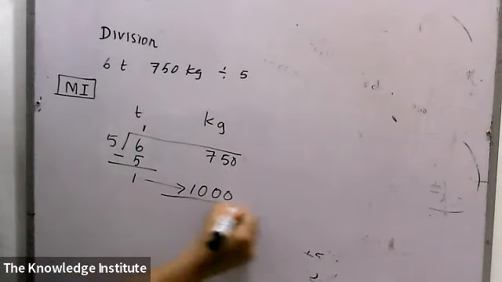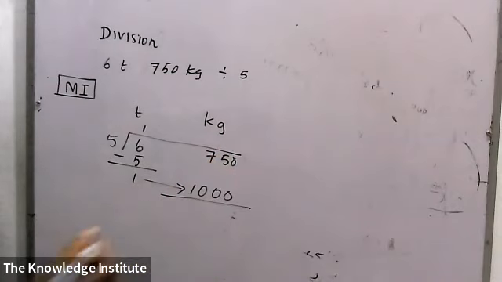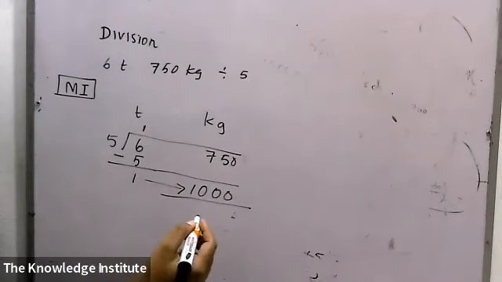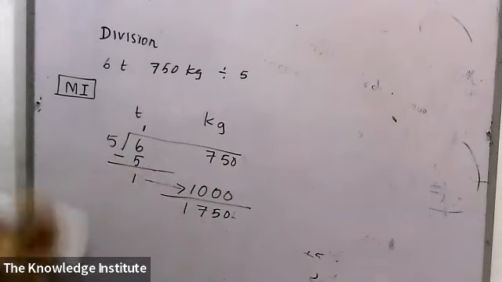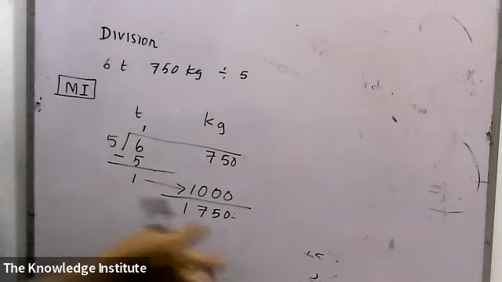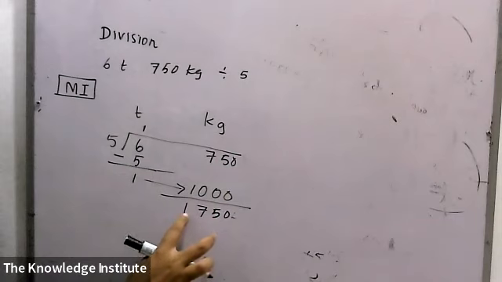Now tell me, 1000 kilograms plus 750. What is the answer? 1000 plus 750, 1750. This is not division. We are adding both. Now tell me, do we have 5 in 1?